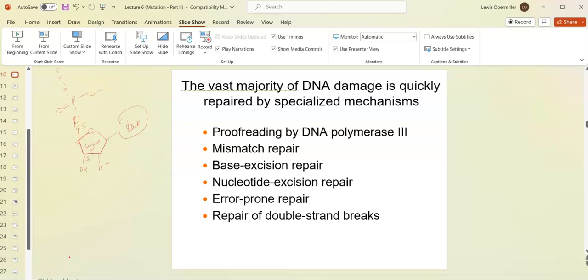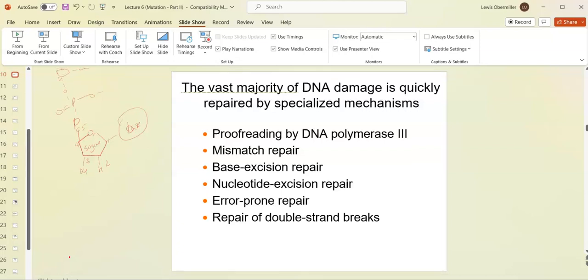And then we have the next base here. So we can replace the entire nucleotide, which is the phosphate, sugar, and base, or we can clip the base off and replace just the base. So base excision repair is just replacing the base on the number 1 carbon. Nucleotide excision repair is replacing the whole nucleotide.